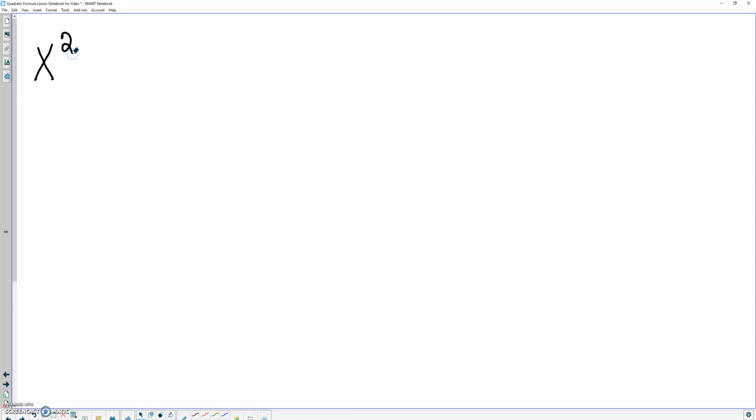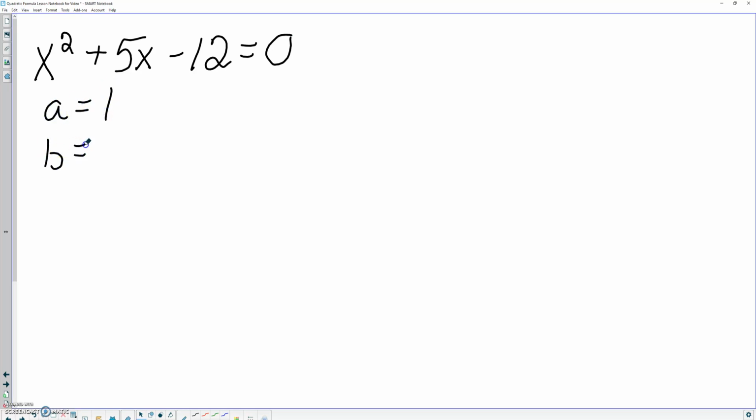X squared plus 5x minus 12 equals 0. Okay, so this quadratic is already in standard form, so I can write down my values of a, b, and c. So a is 1, b is 5, c is negative 12.